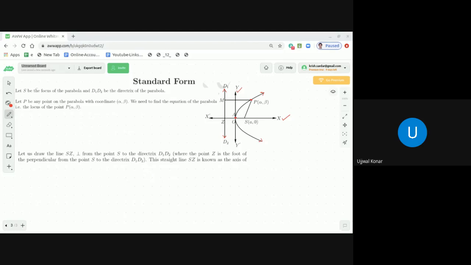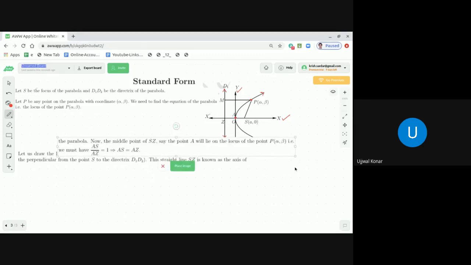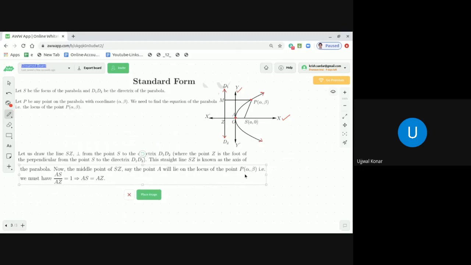The straight line SZ is known as the axis of the parabola. Let me complete the statement here as I am taking it from the study material. SZ is known as the axis of the parabola.